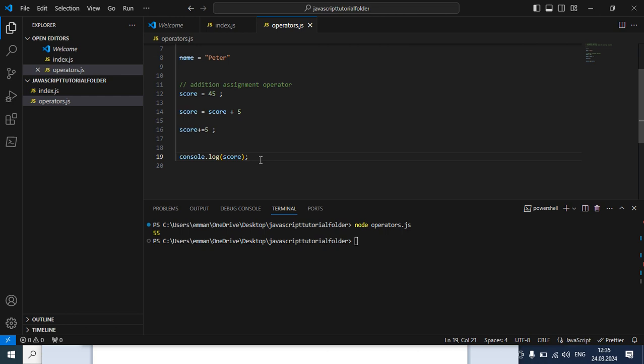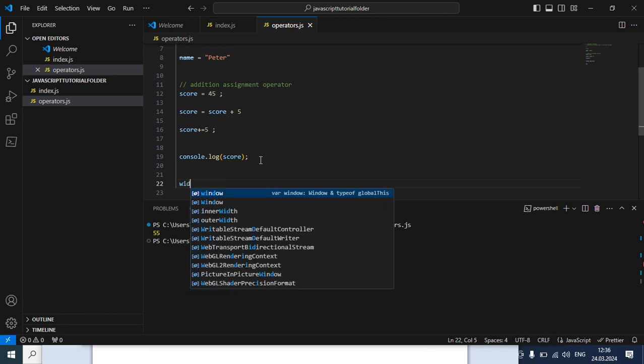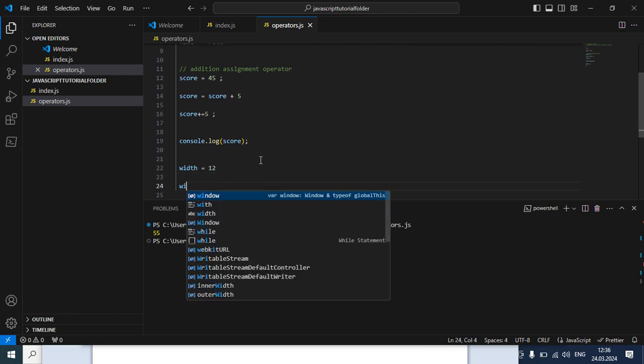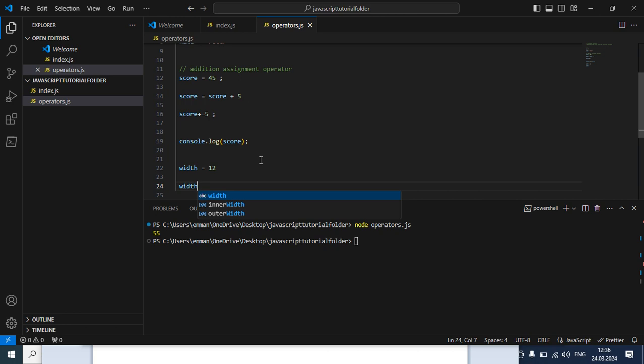So let's look at one more example. If we look at width, let's say width equals to 12, and we do width plus or equals to 10.